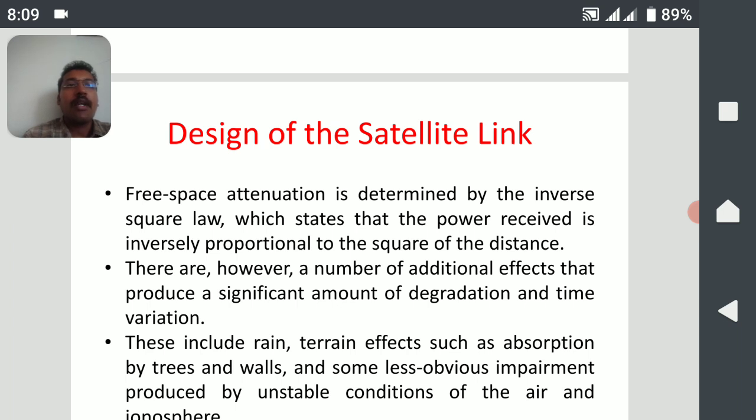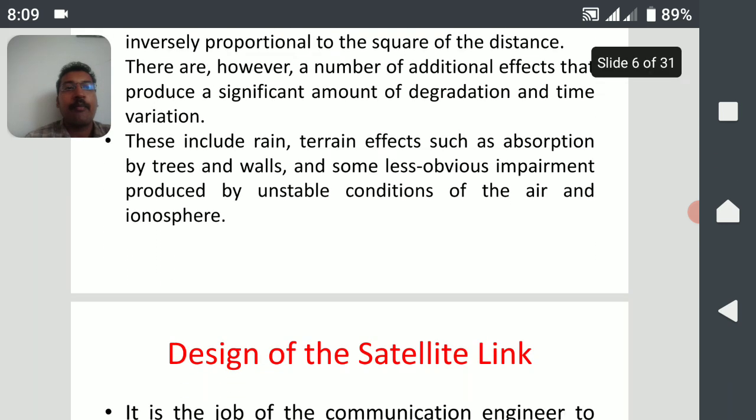There are, however, a number of additional effects that produce a significant amount of degradation and time variation. These include rain, terrain effects such as absorption by trees and walls, and some less obvious impairments produced by unstable conditions of the air and ionosphere.